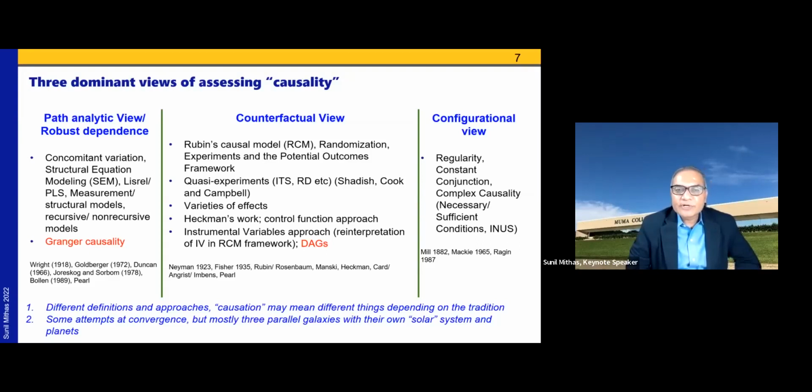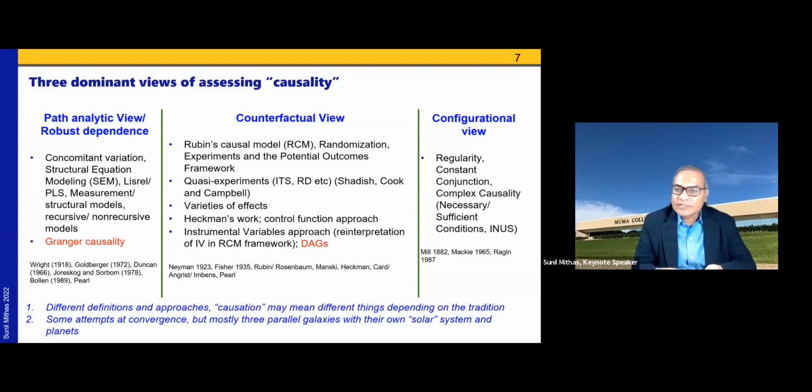The second view that I have here in the middle is called counterfactual view. One can also call it potential outcomes approach. And this is really the most dominant approach today, at least in the field of economics. In fact, this year's Nobel Prize winners are the ones who use this view quite a lot in their quasi-experimental research.